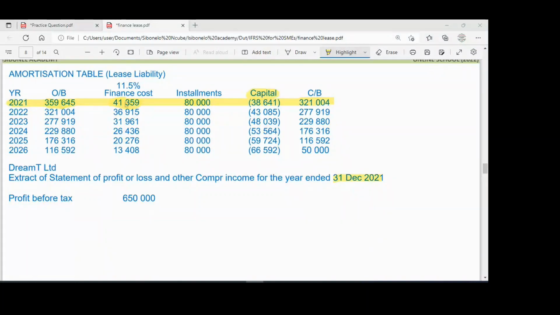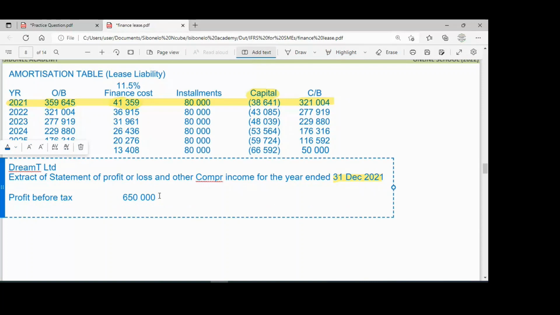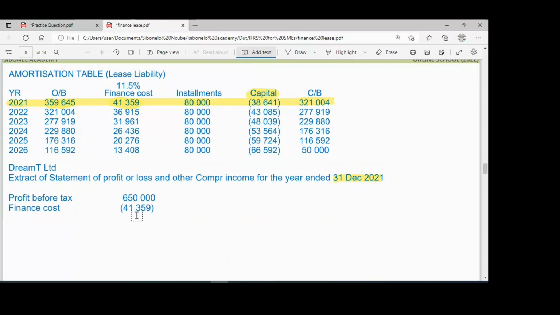So this interest is unfavorable, ithina esichargewayo. So i-expense le interest le. So ama expenses ayenzani, profit ayi decrease angithi. So sizoza la ku profit before tax sino finance cost ka 2021. So we deduct 41,359. So we minus the interest.